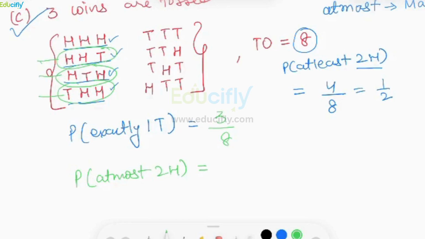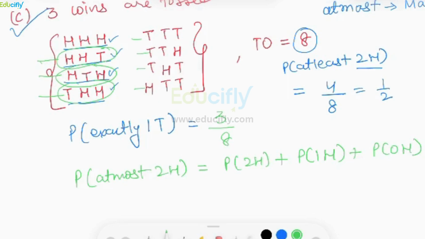But for at most, I said you always go from max to low. So this was the maximum. Then we'll go to one head. One head is this, and zero head, which is this. So that means we are talking about probability of 2 heads plus probability of 1 head and probability of 0 head.